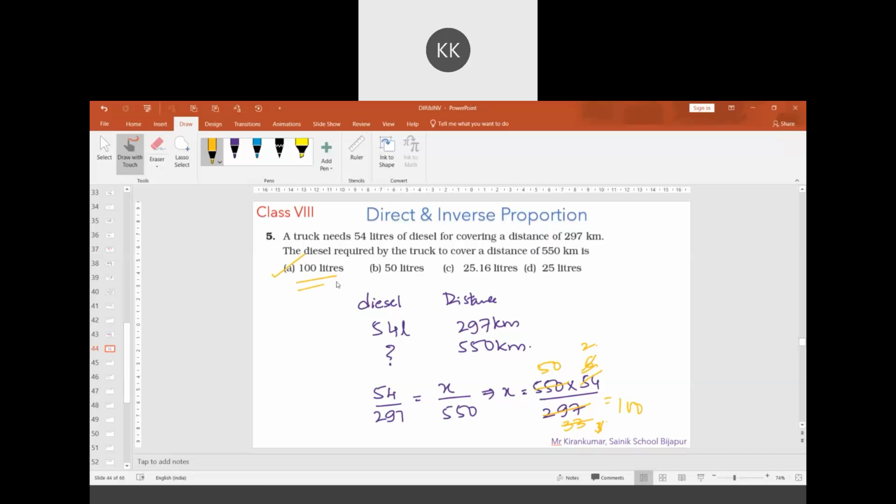So 100 liters is the correct answer. Yes, 100 liters of diesel is required. Option A.